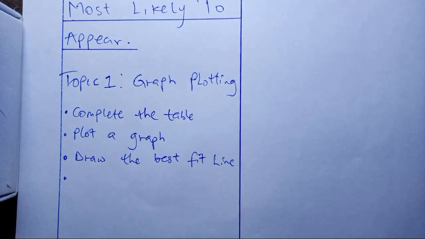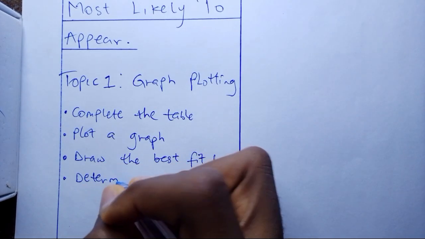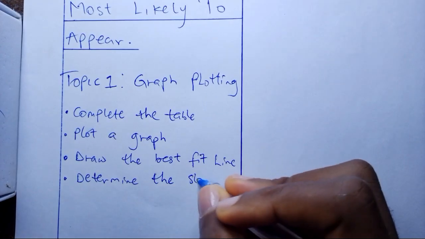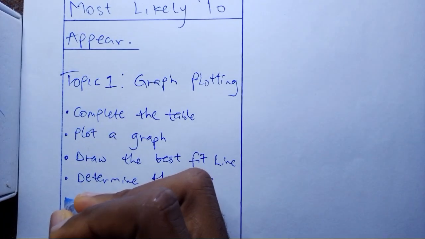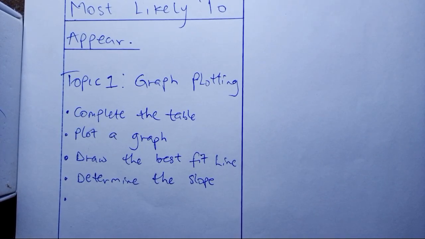Four, determine the slope. And finally, state the relationship between the variables. So these are the questions that they'll ask you for your graph plotting.